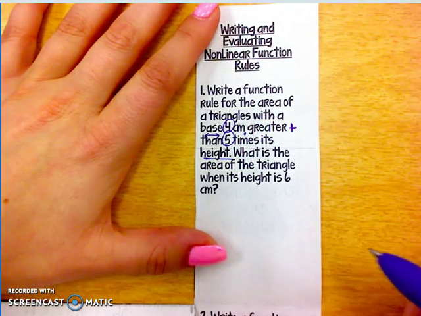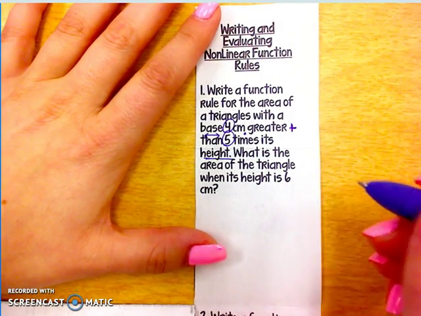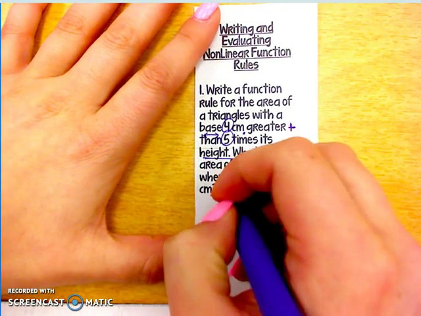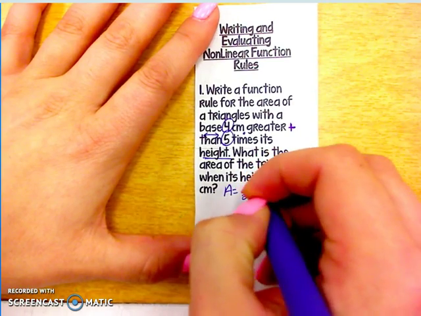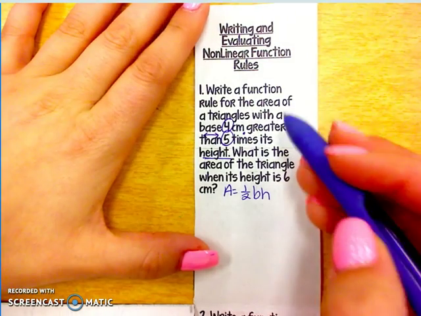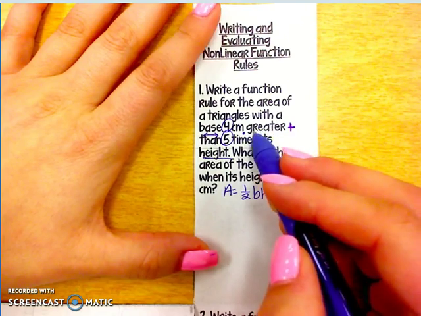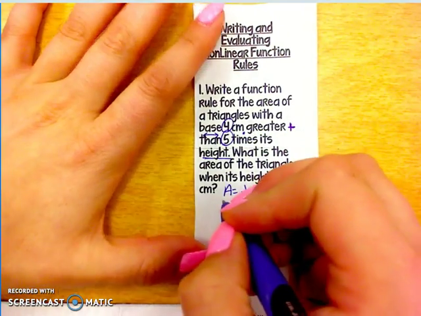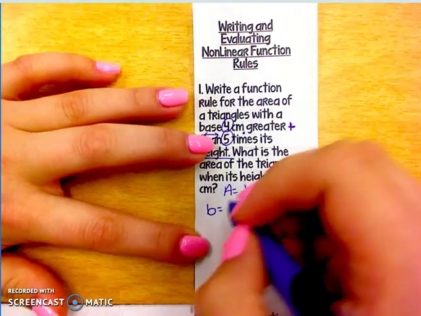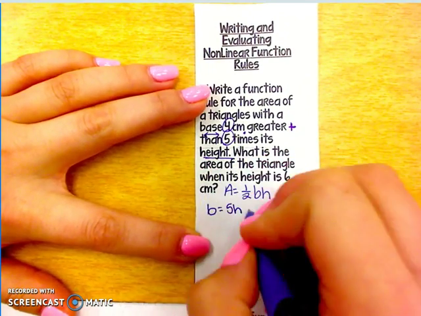What's the area of a triangle when its height is 6 centimeters? Okay, so first we need to know the area of a triangle. The formula is 1/2 base times height. But my scenario says the base is 4 centimeters greater than 5 times the height. So that means what's going in for the base is 5h, 5 times the height, plus 4.